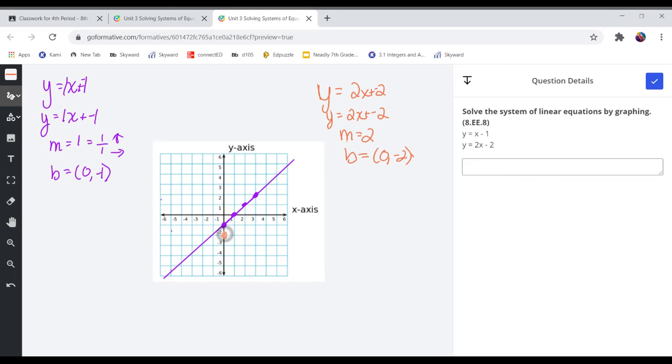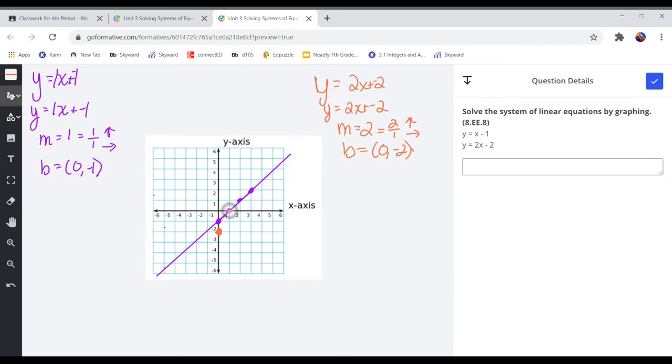And I'm going to use my slope of 2, which I can write as 2 divided by 1, going up 2 to the right 1. So starting at my y-intercept of -2, I'm going to go up 2 to the right 1, up 2 to the right 1. Well, I have my needed 3 points. I'm going to connect them in both directions.